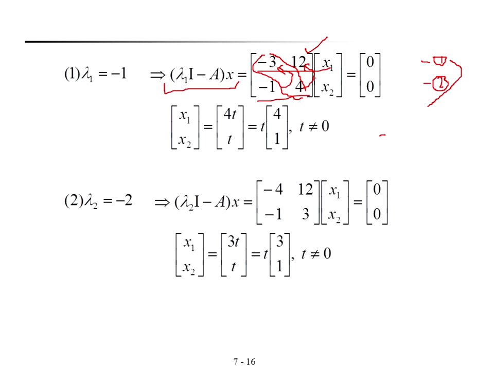Our first equation is minus 3x1 plus 12x2 is equal to 0. Or you can write 12x2 is equal to 3x1.